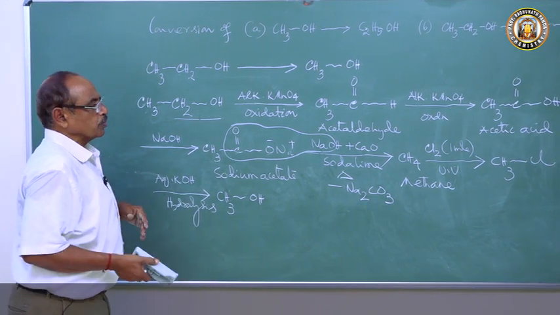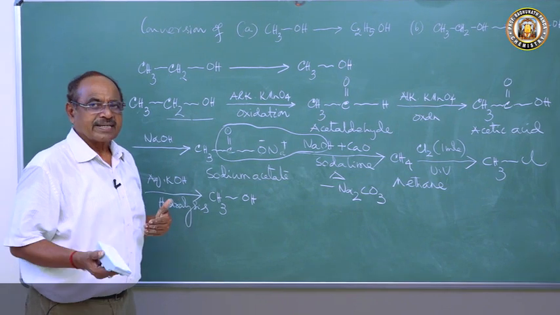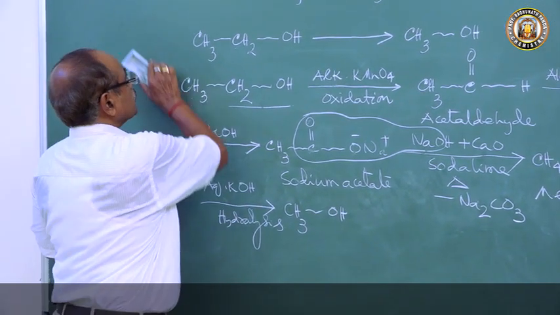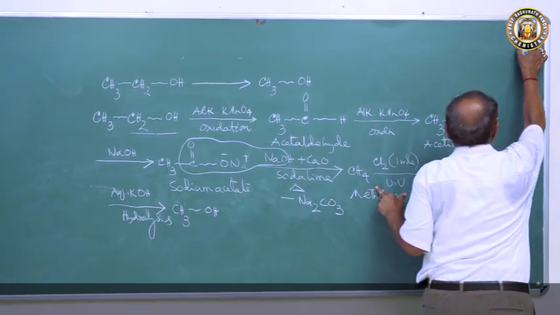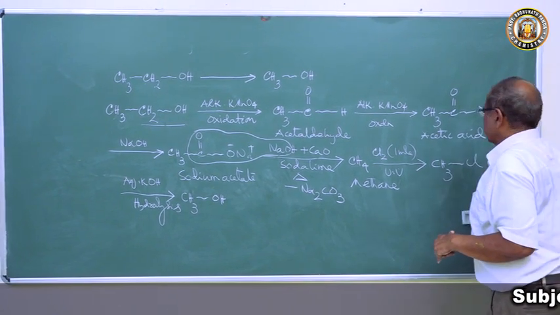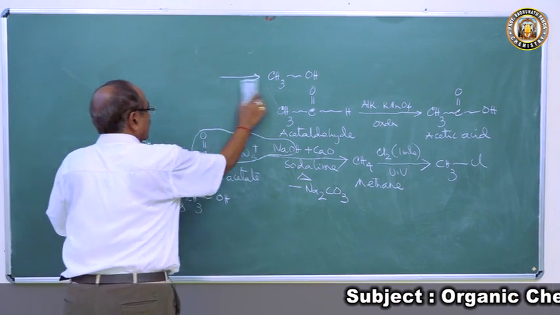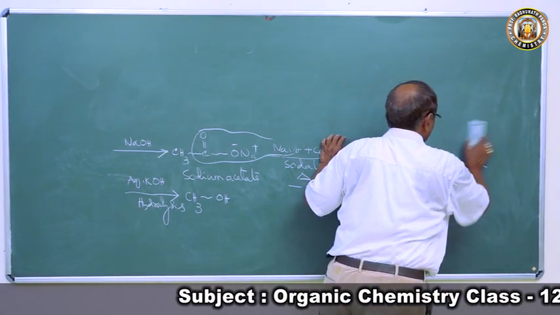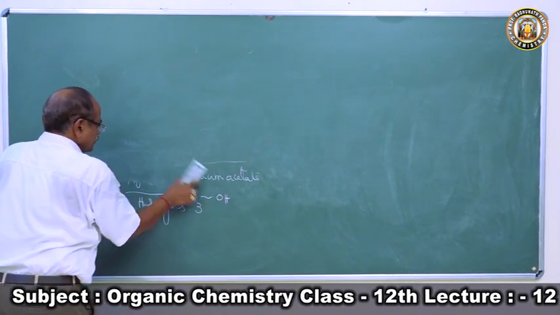Now we'll go to the next, that is conversion of a primary alcohol to secondary alcohol and secondary alcohol to tertiary alcohol. Primary alcohol, that is ethyl alcohol to isopropyl alcohol, then isopropyl alcohol to tertiary butyl alcohol.